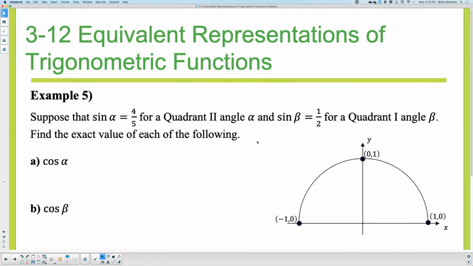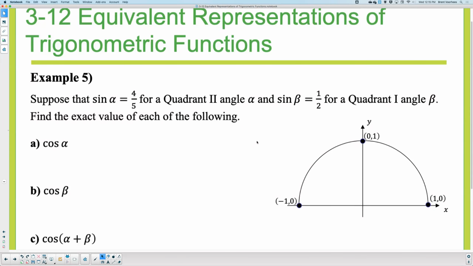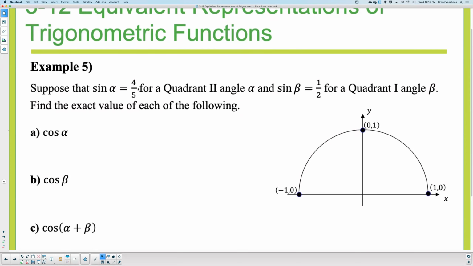All right, now let's go to example 5. It says, suppose sine A is 4/5 for a quadrant 2 angle. So sine is what variable, x or y? Here's what I do first. Draw a line, 4/5 of the way. This is 1, 2, 3, 4. I didn't go big enough.